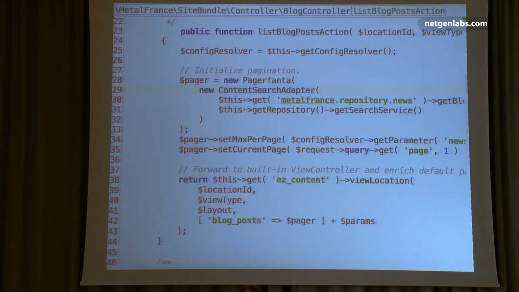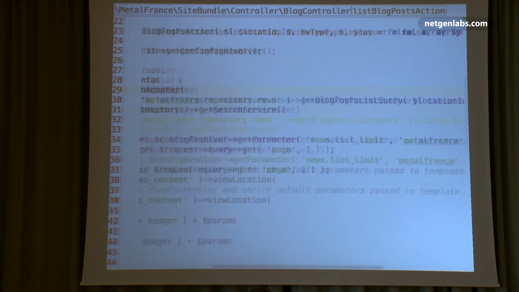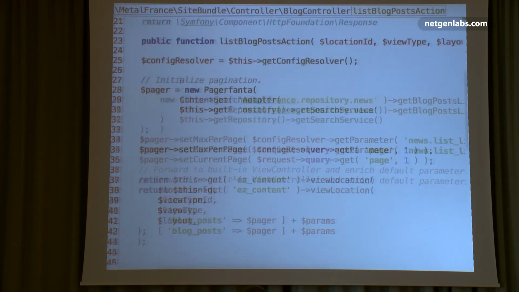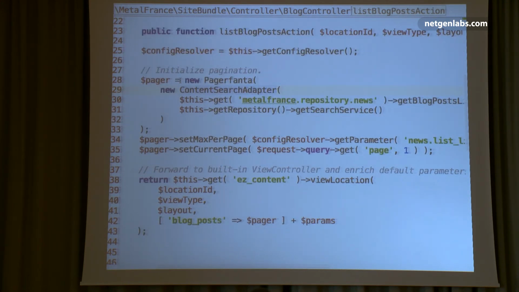So the content search adapter is here to fetch the content for you. So you give it the specific query using the public API, and you pass it the search service as well. So here, I'm using a different service for that. This is a good practice as well. Do not do all your code in your controllers. Keep your controllers thin.